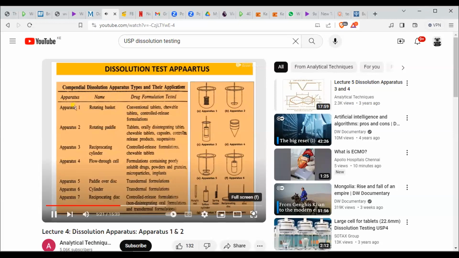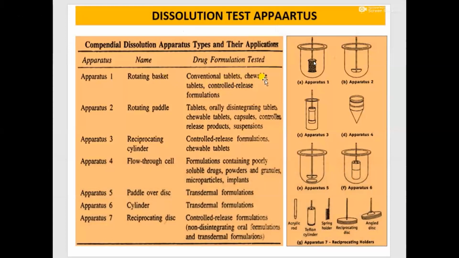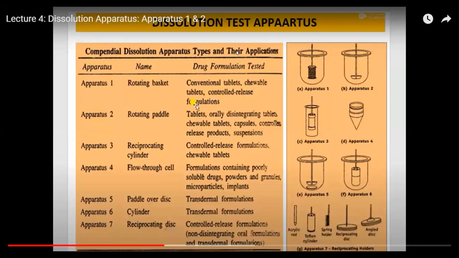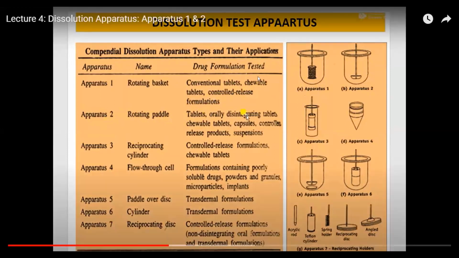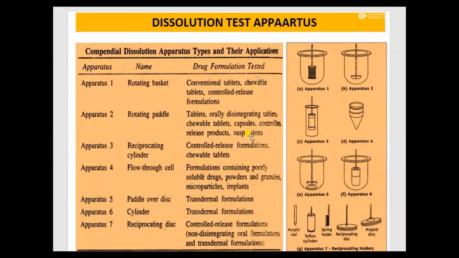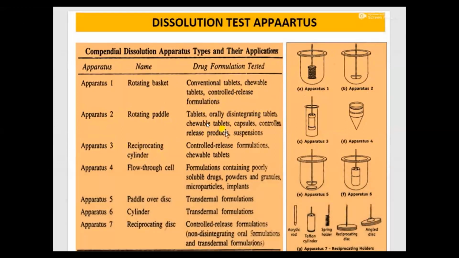Apparatus 1 is rotating basket. It is useful for conventional tablets, chewable tablets, and controlled release formulation. Apparatus 2 is rotating paddle, useful for tablets, orally disintegrating tablets, chewable tablets, capsules, controlled release products, and suspension. Apparatus 3 is known as reciprocating cylinder, useful for controlled release formulation and chewable tablets.